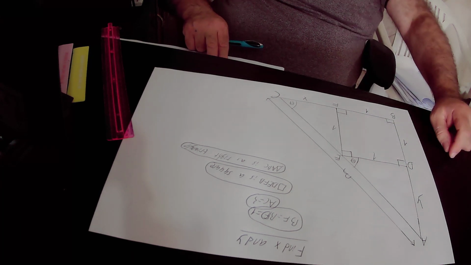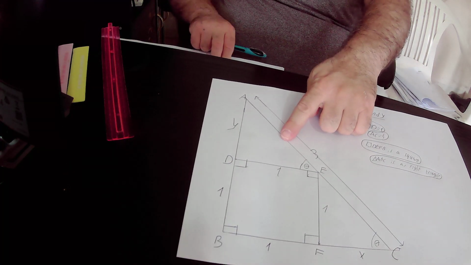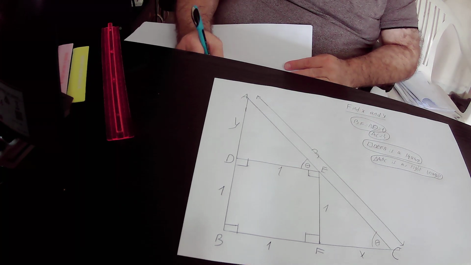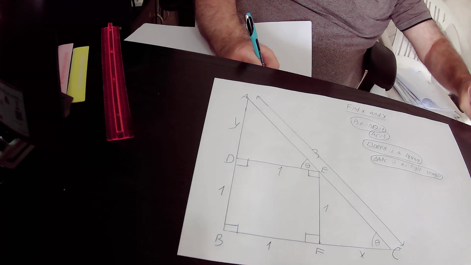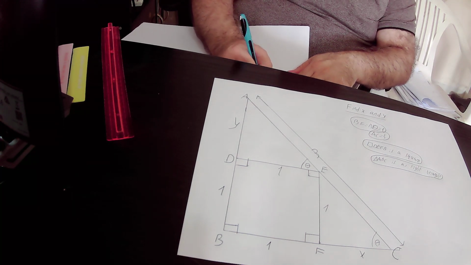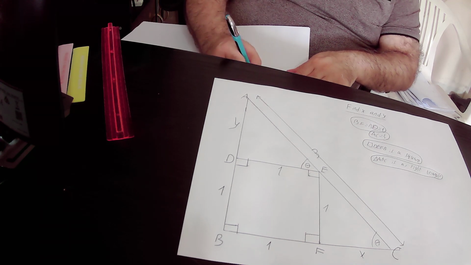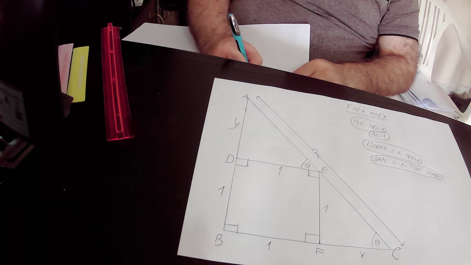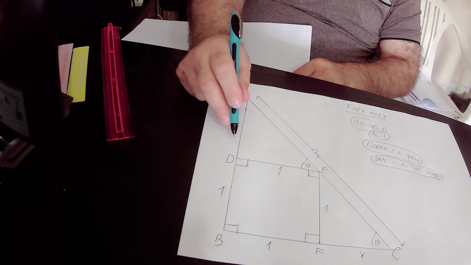and if we focus on the right triangle, triangle ADE, then tangent theta in this right triangle equals AD over AE.